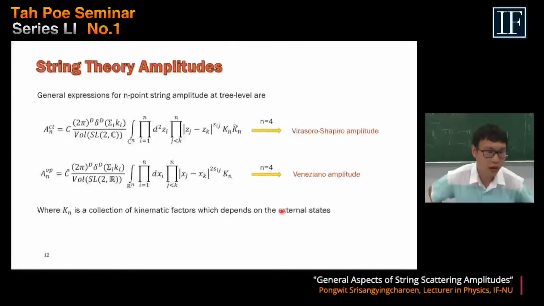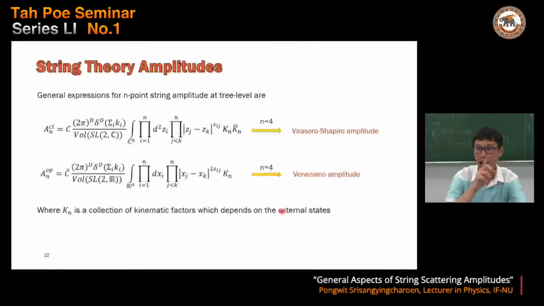Okay, next. So that means the general expression for the n-point scattering amplitude at tree level is, okay, the first line is the amplitude for the closed string at n-point. You can see that in terms of the integral, there are n points of coordinates to be integrated over the complex plane.